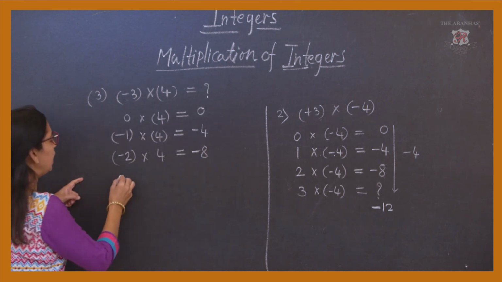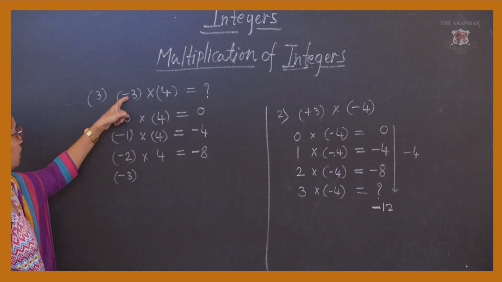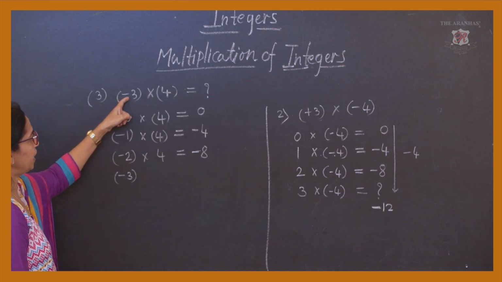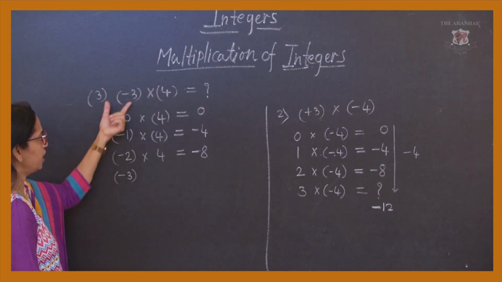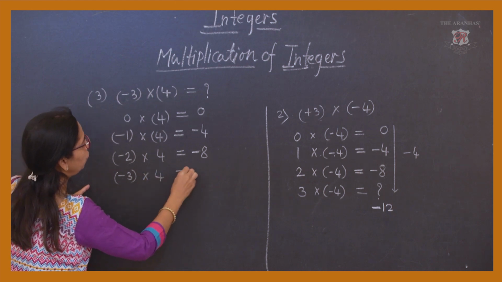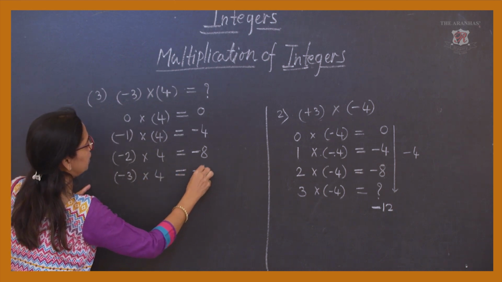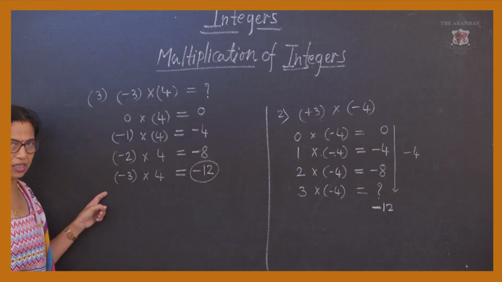Now again the next step, as we have the two integers here, -3 and 4, this will be the last step for this sum. So -3 multiplied by 4, you will get the answer -12. Now how do we get this answer?